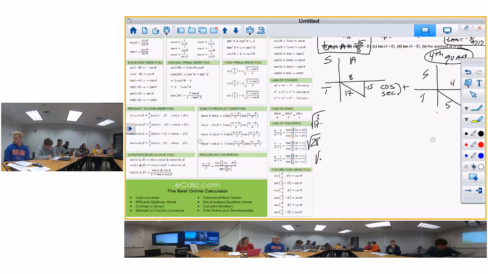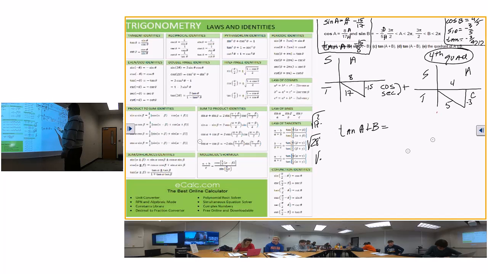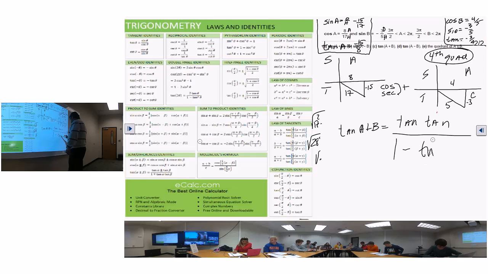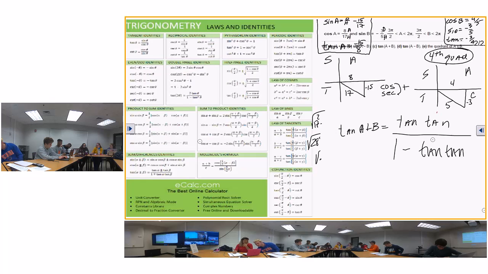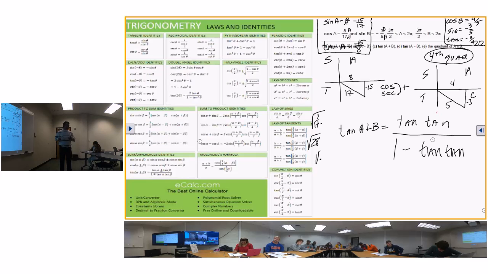All right, so the tangent of A plus B is equal to tan A plus tan B over 1 minus tan tan. I have to remember my way of doing it. We're doing the tangent of A plus B, because tan to Hubert means tangent plus and then multiply. The only time I use another sign besides those is negative, and that's why I say tan, 1 minus tan.